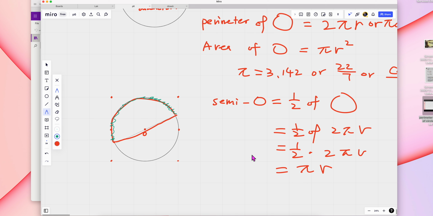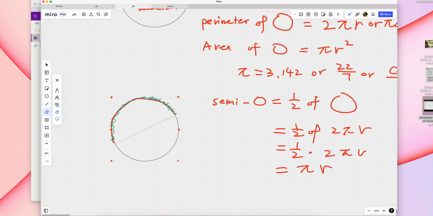And now you still have to add the diameter to give you the semicircle, because the semicircle is this half of the circle plus the diameter, right? Unless this diameter is not there.